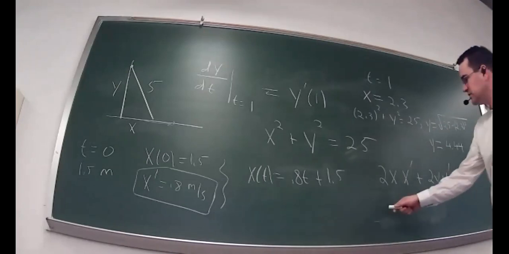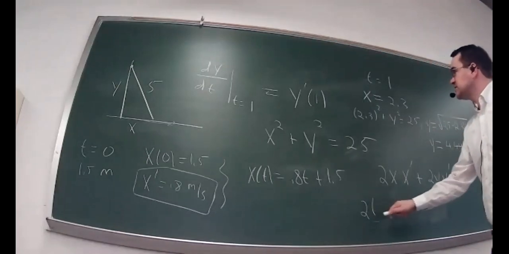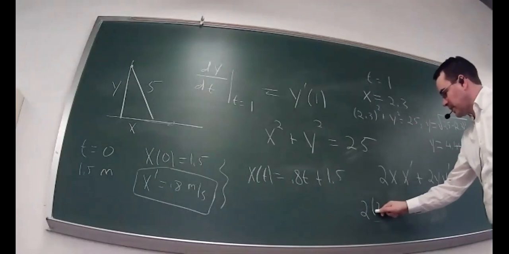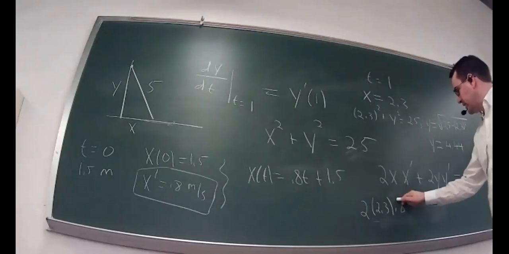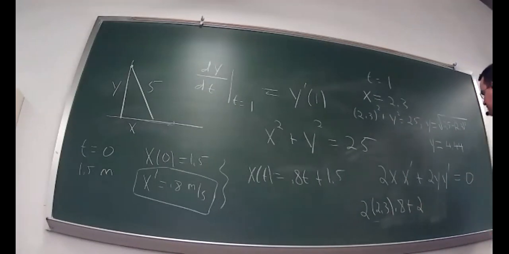I think we can take 2 times x, so that's 2 times 2.3, times x prime, which is 0.8, plus 2 times y, which is 4.44, times y prime is equal to 0, and now you can just solve this equation for y prime.